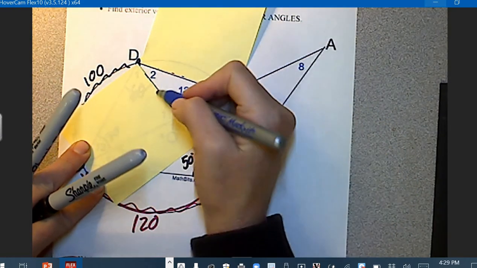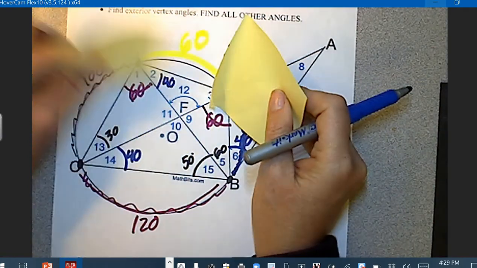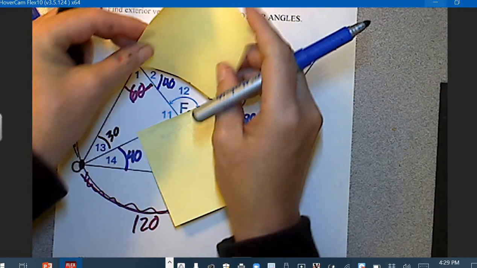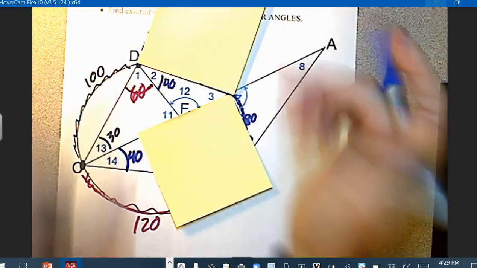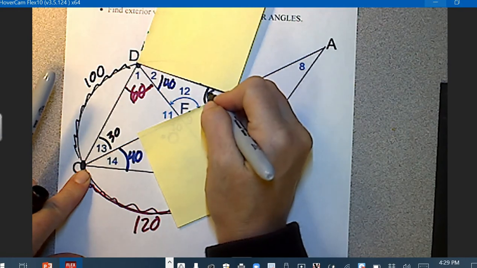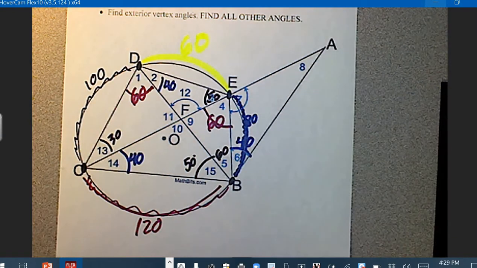This is 80 here. Back here, that's 40. So look at all this information. Angle 3. Angle 3 is grabbing the 100, so angle 3 is 50. Then you check.